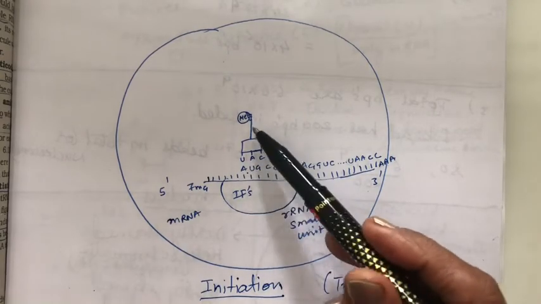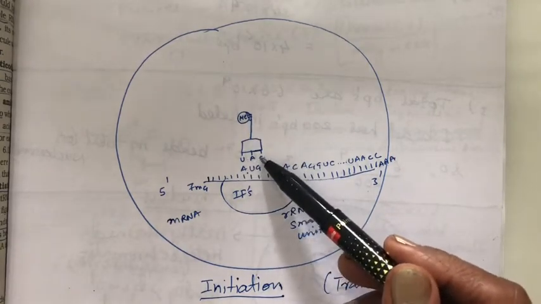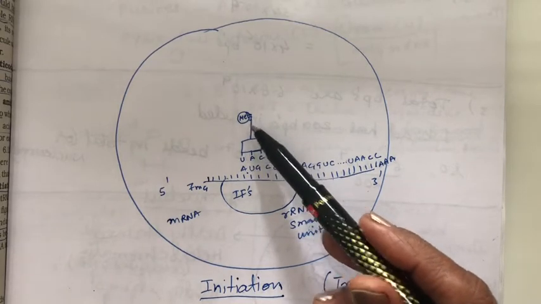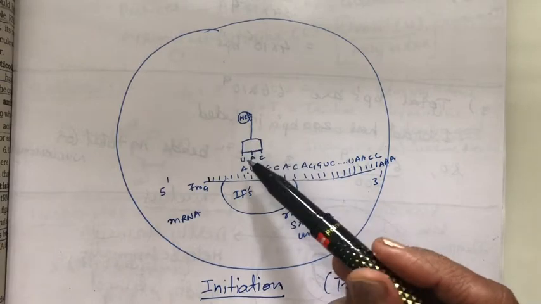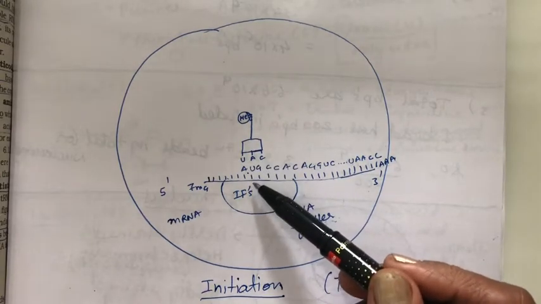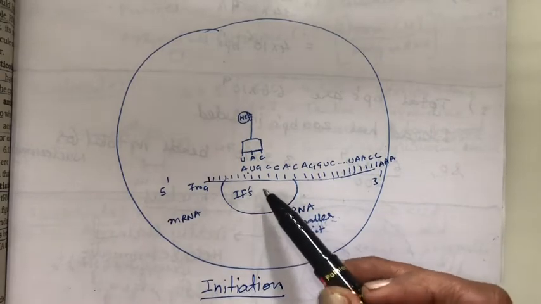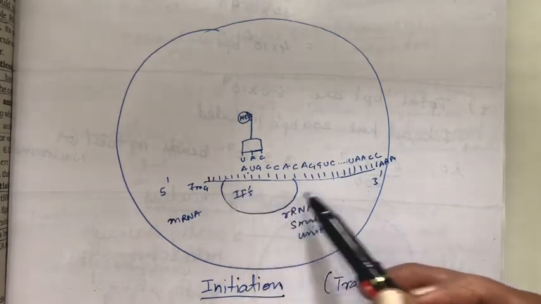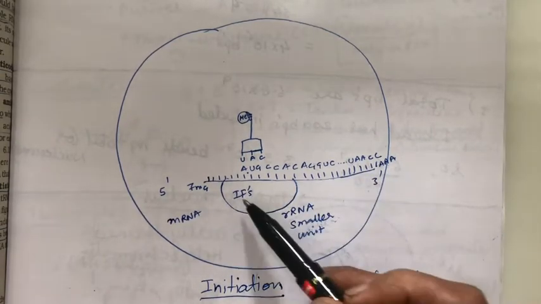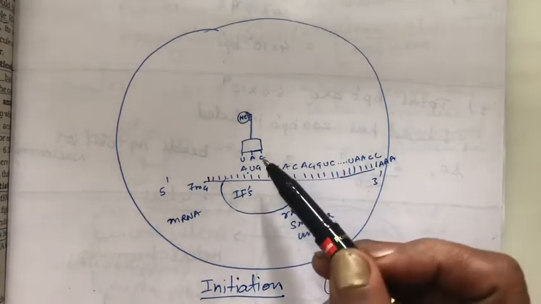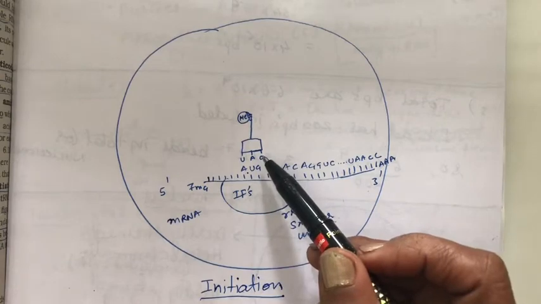So there will be a complementary anticodon, and the specific amino acid methionine will be carried by this tRNA, brought and left here. So for initiation the cell needs a messenger RNA, some initiation factors, the smaller subunit of rRNA, and the first charged tRNA carrying methionine.